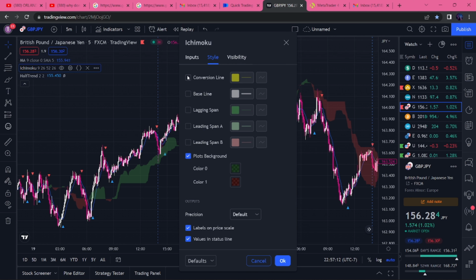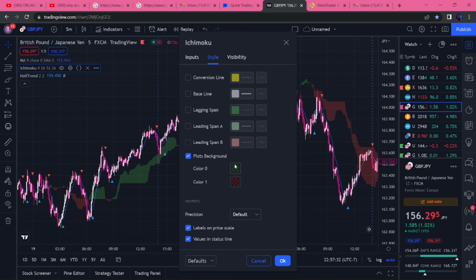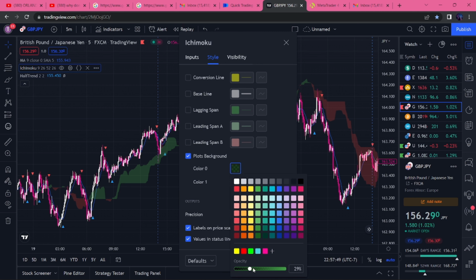So here I do not have the conversion line, I do not have the baseline, I do not have the lagging span, nor the leading span, and nor the leading span B. I have the plots background checked and I have them colored. So color 0 is green, and you might have to adjust the color. And I have the second color red, and you might also have to adjust the color. Just click on it and adjust it.